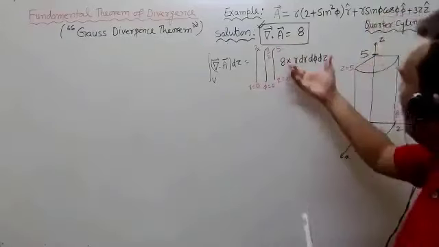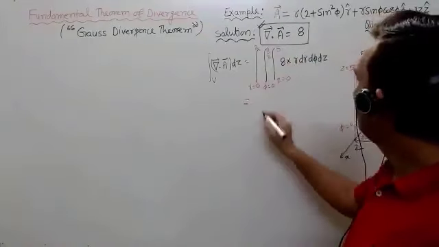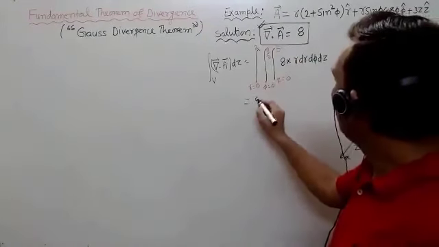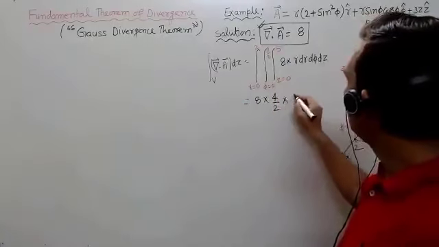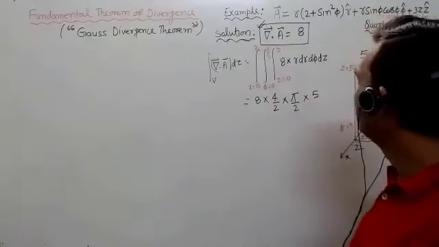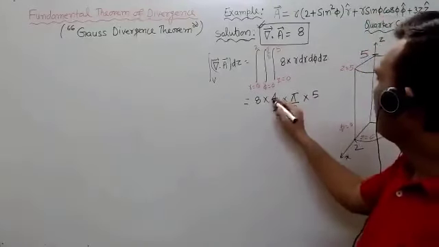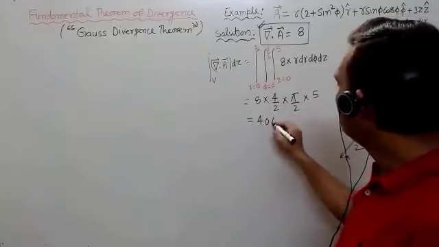So you can easily calculate divergence of A d tau. So this will give you 8, r square by 2 will give you 4 by 2, d phi will give you pi by 2 and z will give you 5. So this 4 will cancel out. This will be 40 pi.